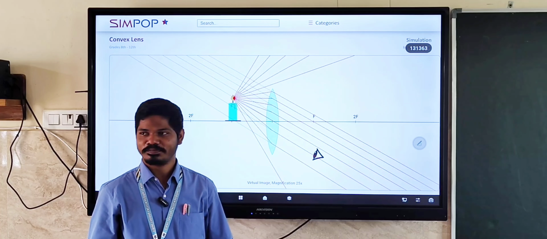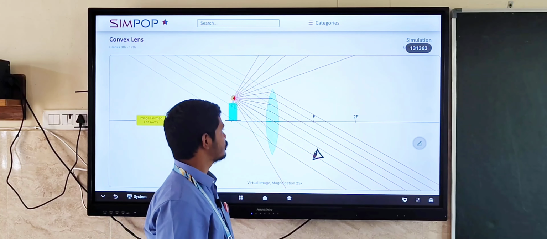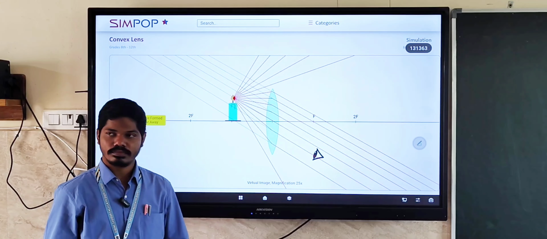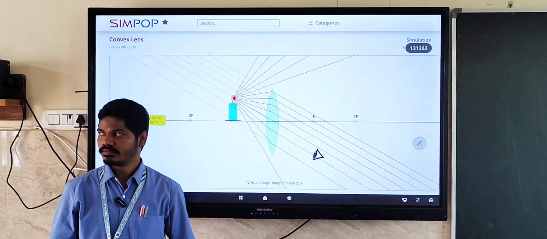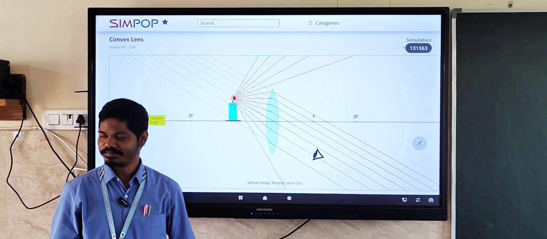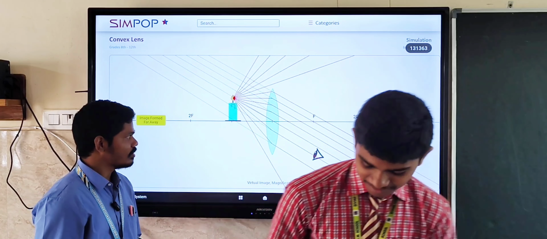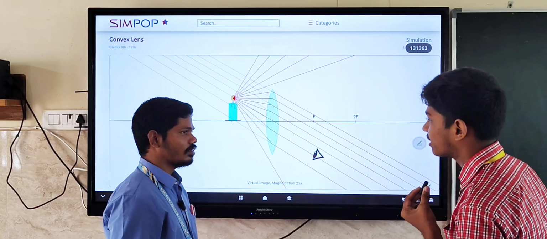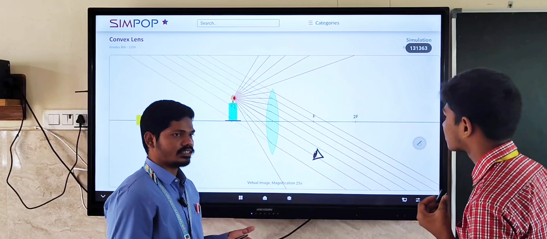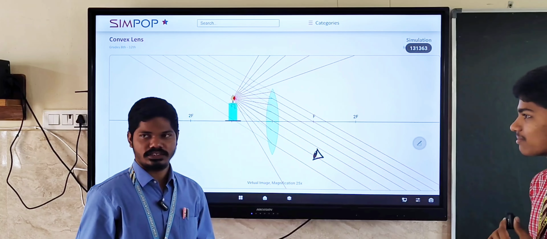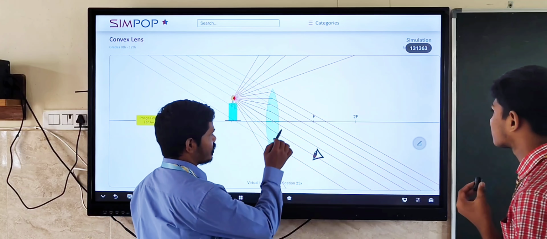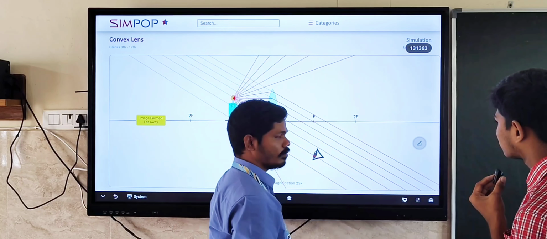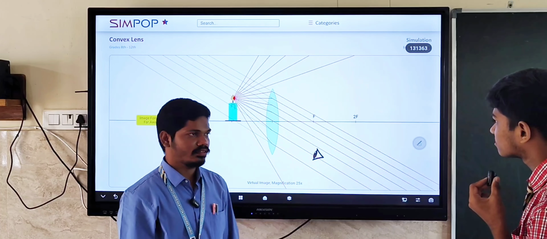Gautam, come here. Take that mic. Tell me. Sir, because it is formed at infinity. Infinity. Okay. We can't justify the nature of the image because, see here, we can observe all the rays after refraction are going parallel to each other. Okay. Thank you.